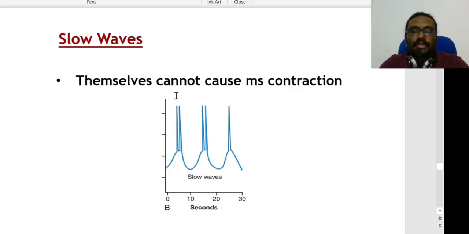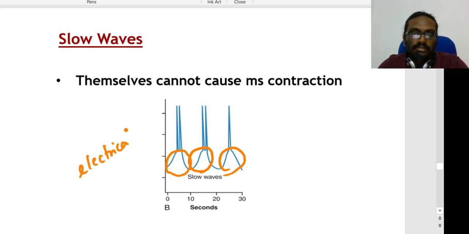And what you can find is that these small waves that you find initially cannot form a contraction. These are electrical events. They are not the contractions.